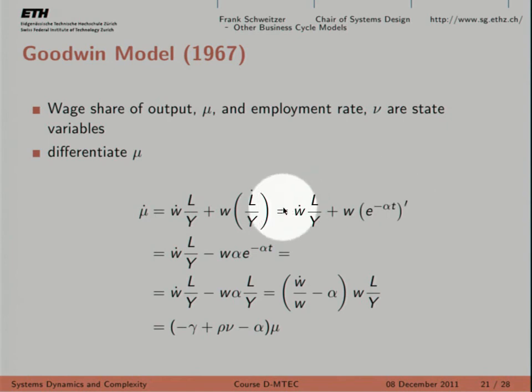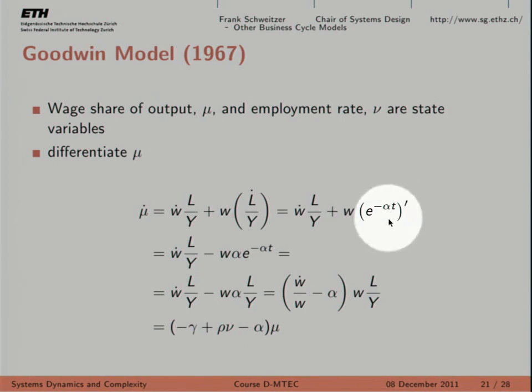Anyway, then we continue expressing it. This remains the same. The derivative of this whole fraction, L over Y: remember, Y over L was defined as the growth of labor productivity. It was e to the power of alpha times t in the previous slide. Well, L over Y then would be just 1 over e to the power of alpha t, or e to the power of minus alpha t.